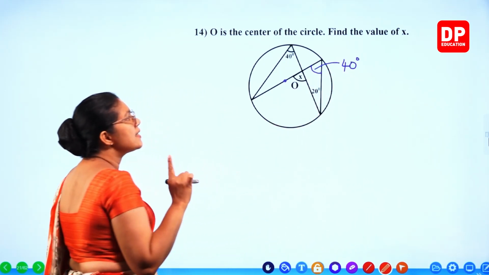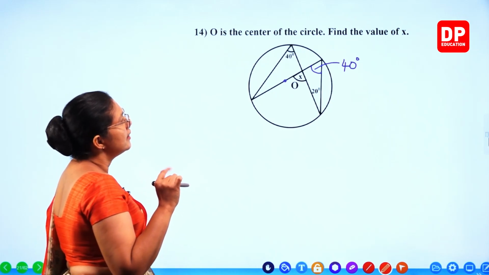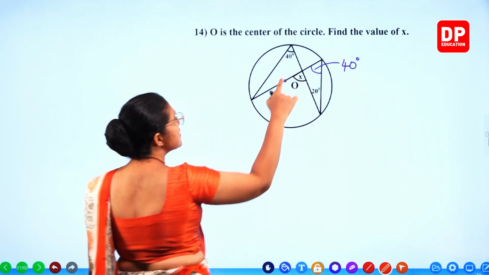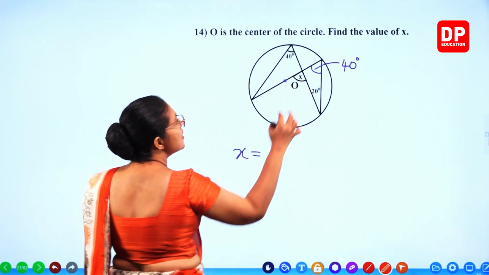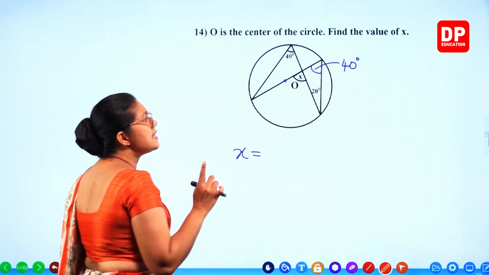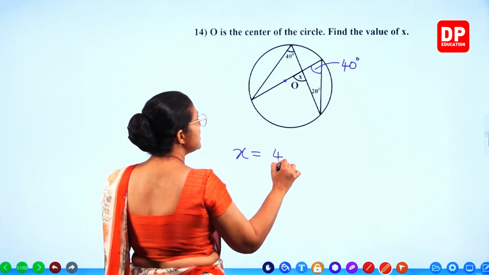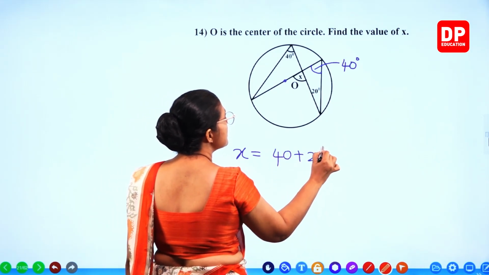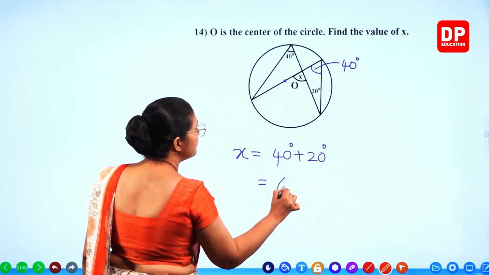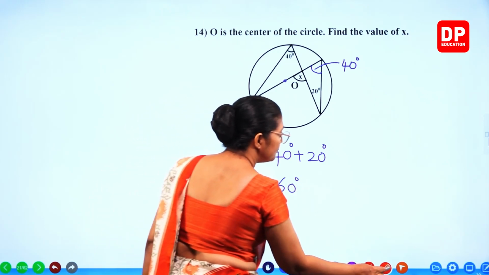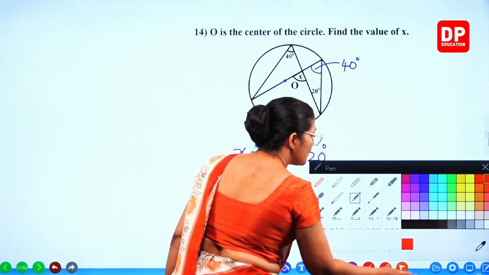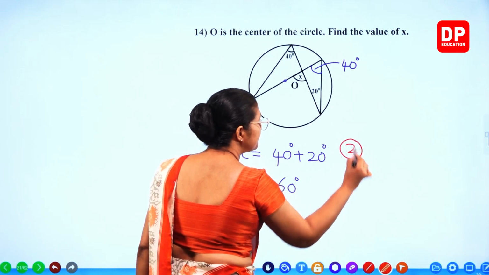Same segment angles are equal. Then easily you can find x. What is the x value? Sum of opposite interior angles is equal to exterior angle. 40 plus 20, that's 60 degrees. You get 2 marks for that.